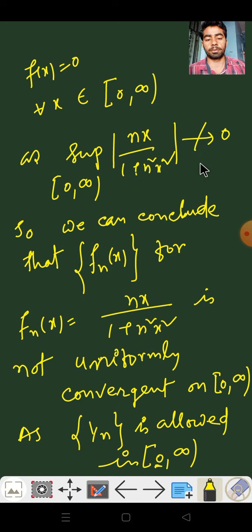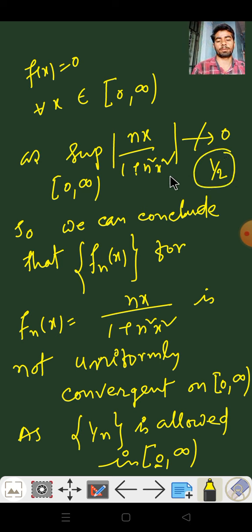It will never tend to 0, it will tend to half, and that's why it is not UC here.